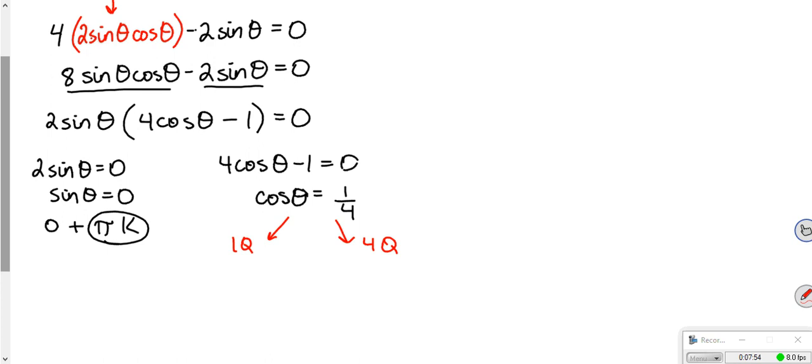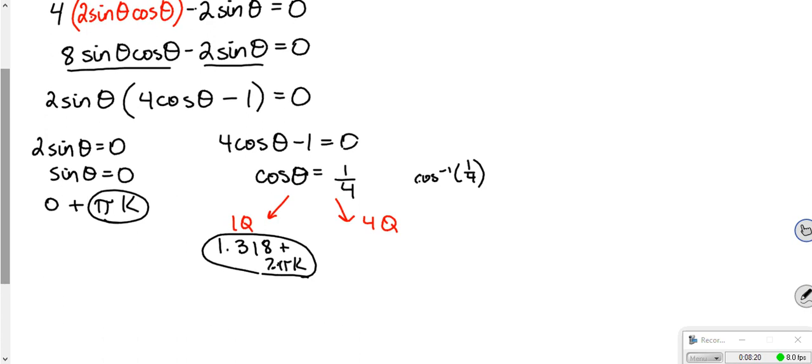So in the first quadrant, if you put in arc cosine of 1/4 in your calculator, make sure you're in radian mode, not degree mode, you should get 1.318. And again, this is plus 2 pi k. So that is one of your answers, I should say.